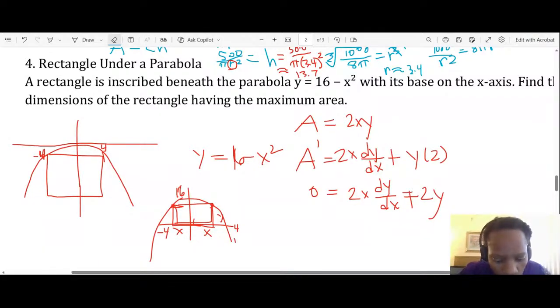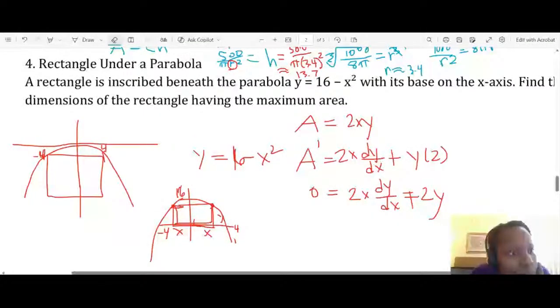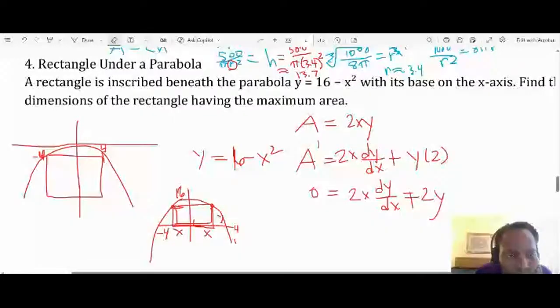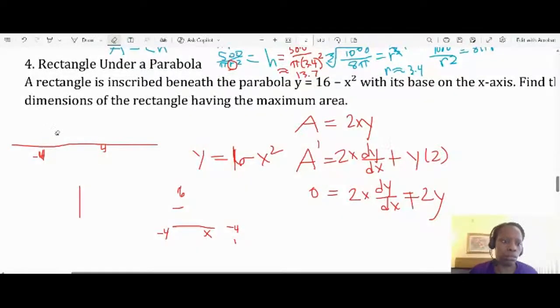H is about 13.7. Okay. I need to fix it.